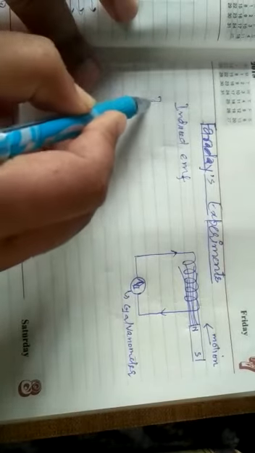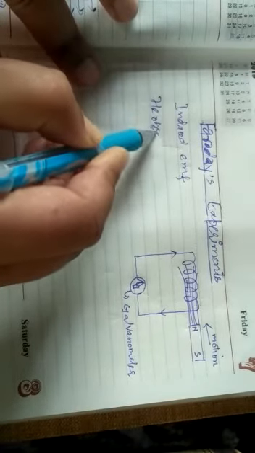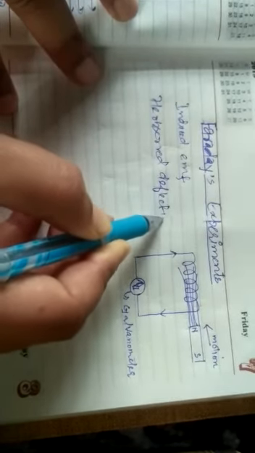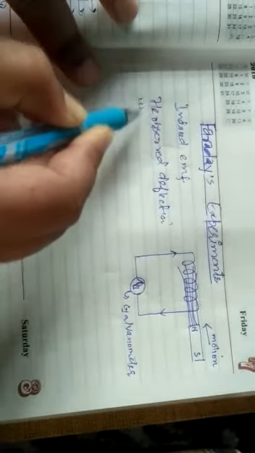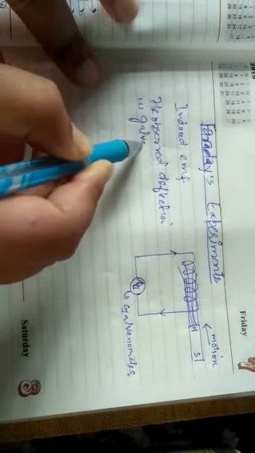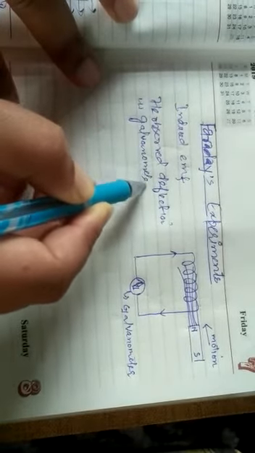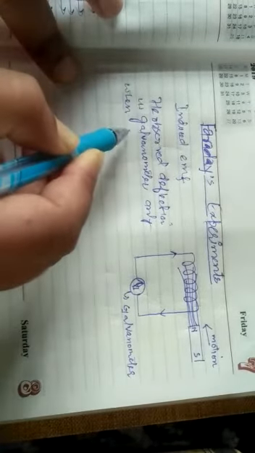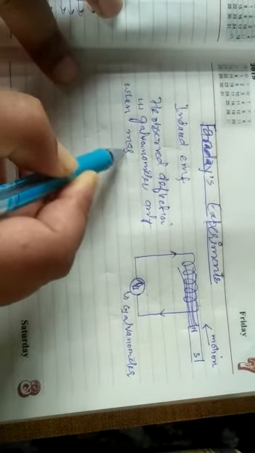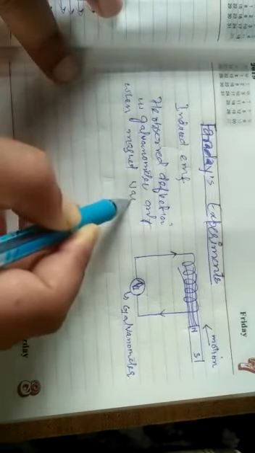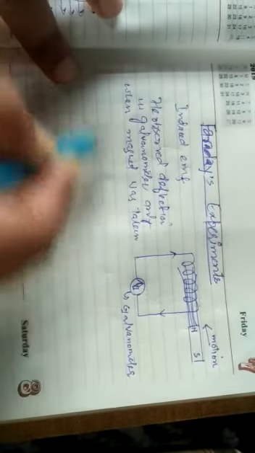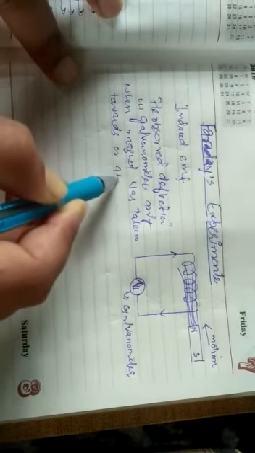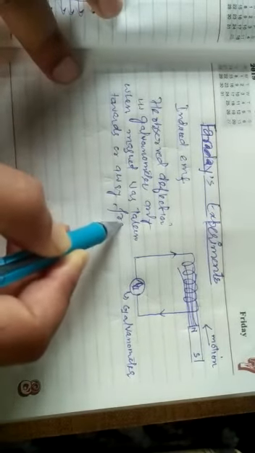So he observed deflection in the galvanometer only when the magnet was taken towards or away from the coil.